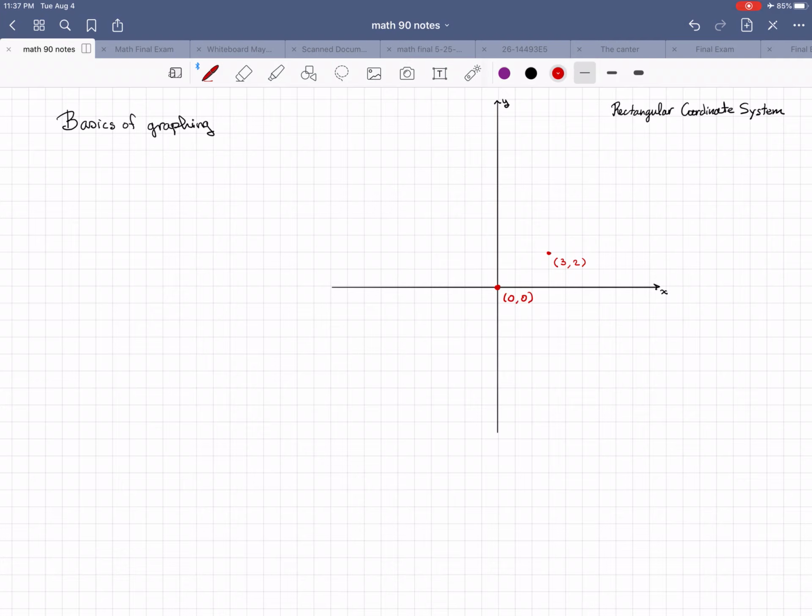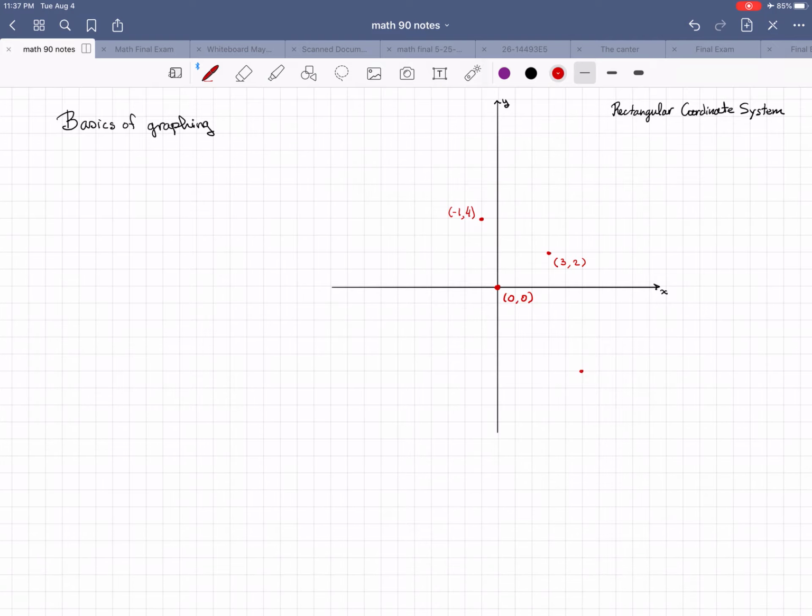If you decided to go, say, left 1 unit and then up 4 units, left is the negative direction on the x-axis, y went up, so that's the positive direction, so the y-coordinate is positive 4. And so on. Up is the positive direction for y, down is the negative direction. Right is the positive direction for x, left is the negative direction. So that is how we plot points.